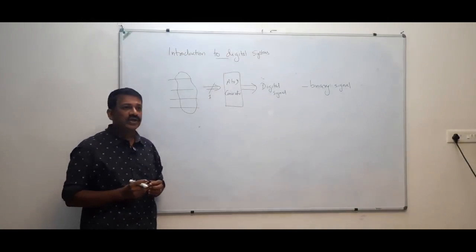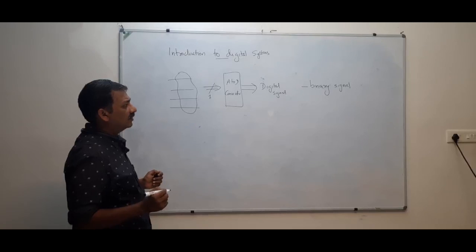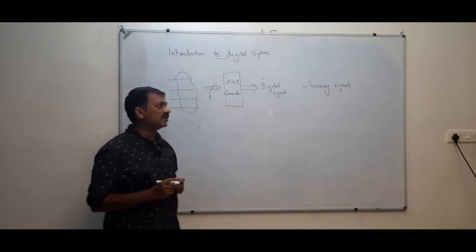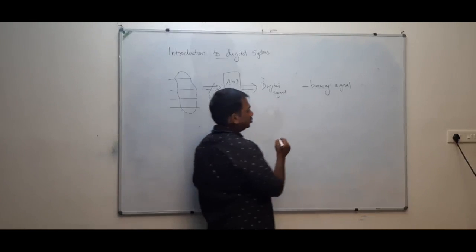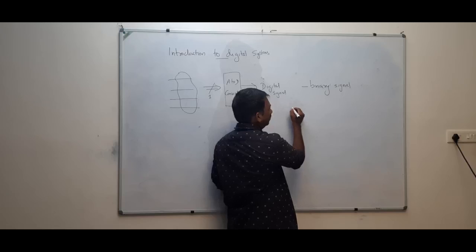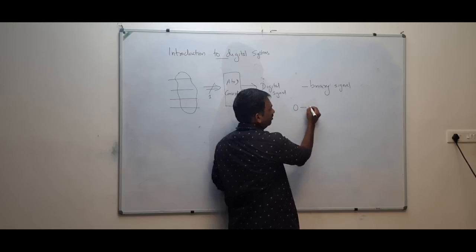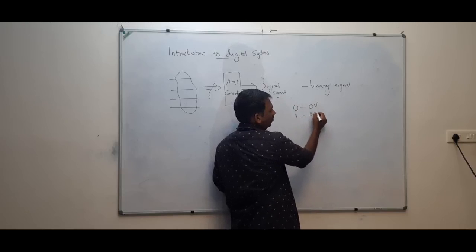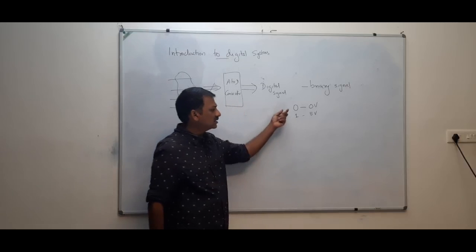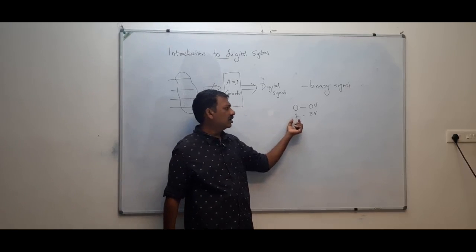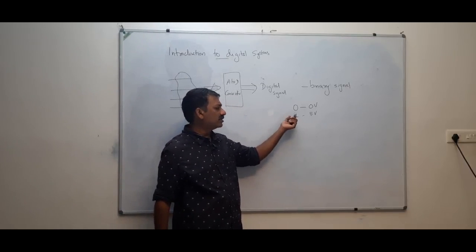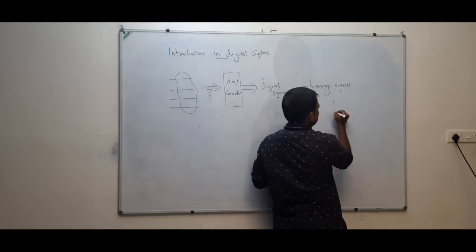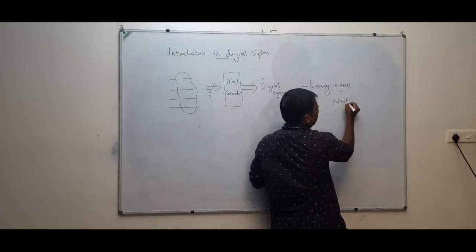Usually, when we are using this in a digital circuit, 0 is represented by 0 volt and 1 is represented by 5 volt. But this is the usual convention, and this can vary. That means here we have positive logic and negative logic.